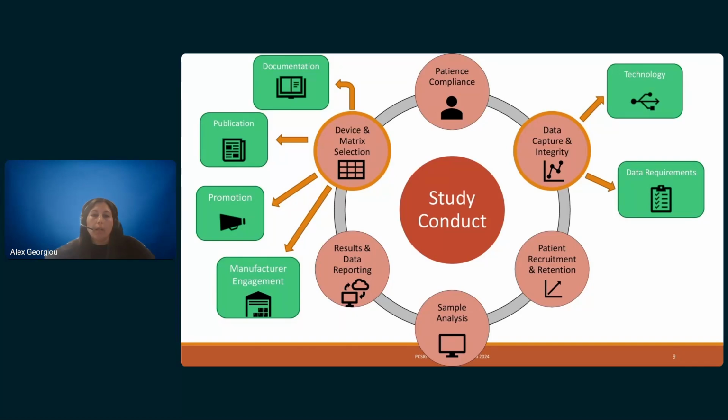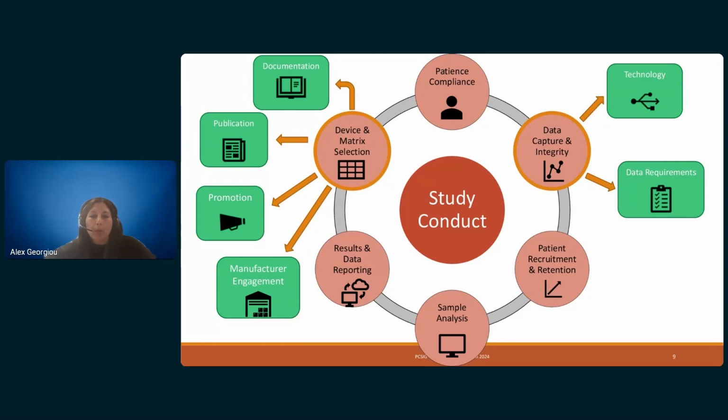So for device and matrix selection, we felt education was key to understanding the different options available. What is the best device? What is the best matrix combination based on your analyte, data usage and patient population?